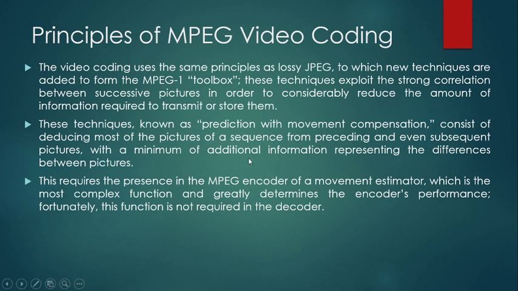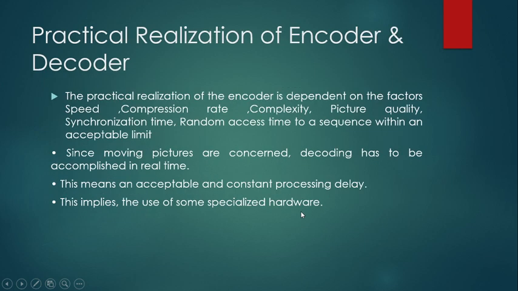It obviously requires MPEG encoders and decoders, and the MPEG encoder is going to be complex. Why? Because we need a motion estimator. This is going to determine the performance of the encoder. But in the decoder, you can observe when we study the block diagram, the decoder does not require the motion estimator, so it is going to be more simple.